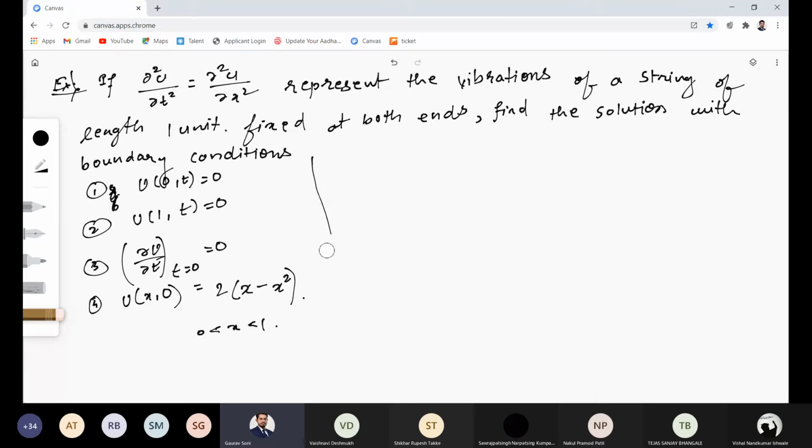Yes, anyone who can tell me the most general solution in this case? Ruturaj?